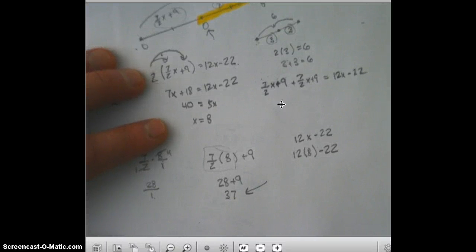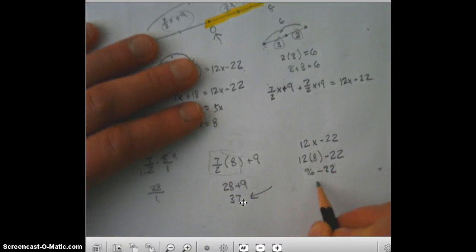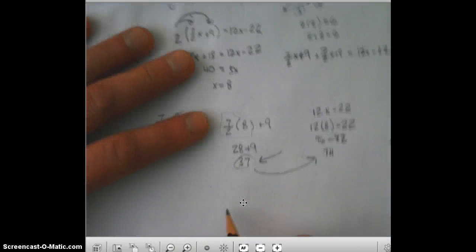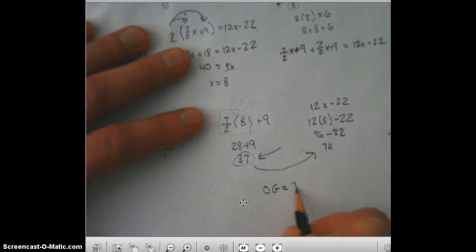So 12 times 8 is 96, and 96 minus 22 is 74. So if we take 37 and we double it, we do get 74. So in any event, the final answer to this is that the length of OG is equal to 37.